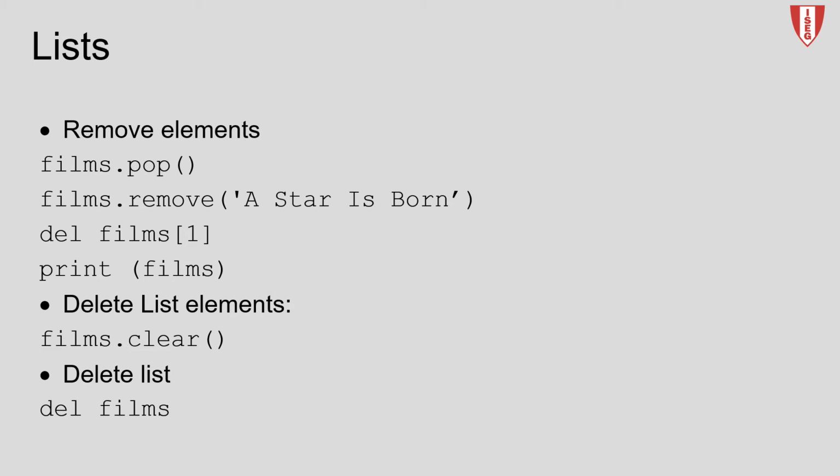In order to empty the list, we may use the method clear, but the list still exists. It is a list without any element. In order to delete the list, we must use the statement del.